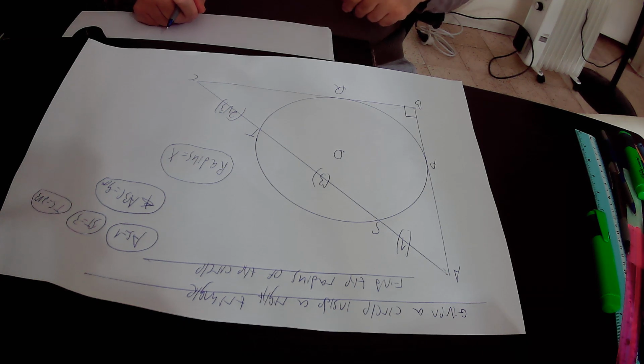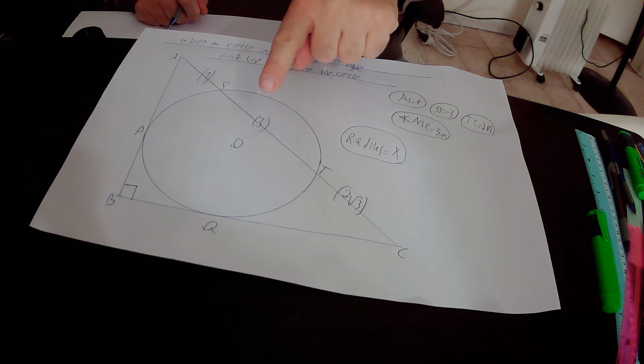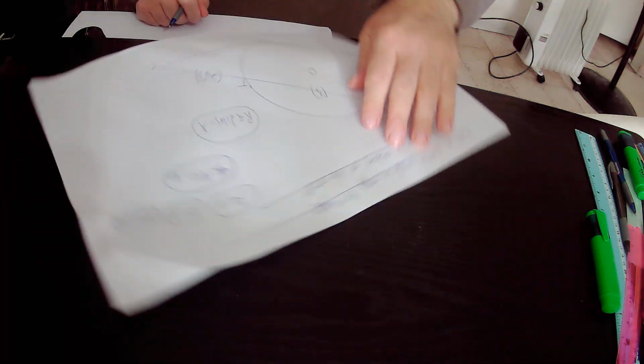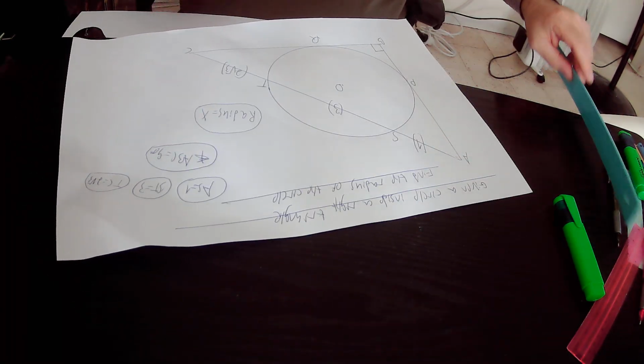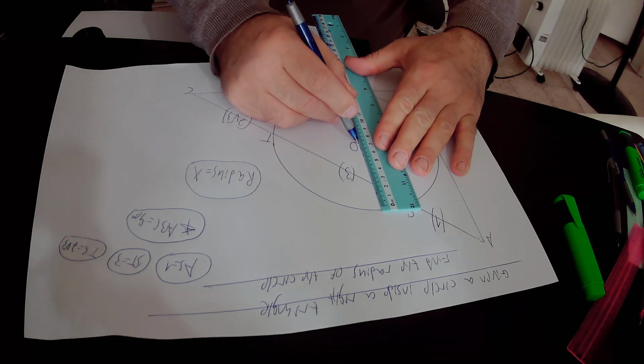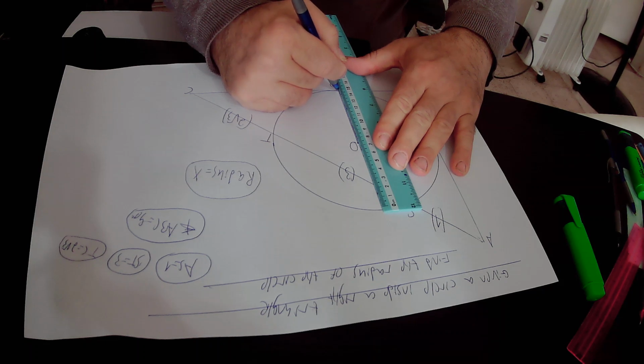Okay. In the next step, we join points O and Q together by a straight line. What is the definition of line segment OQ?